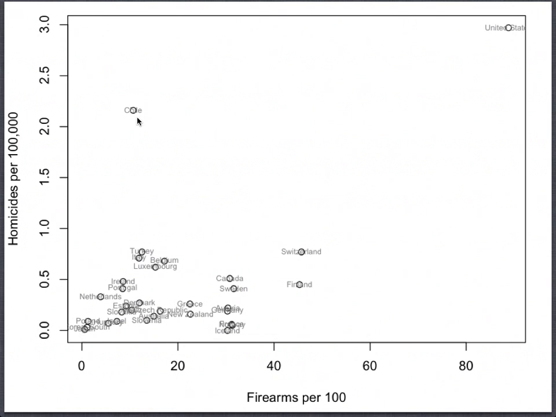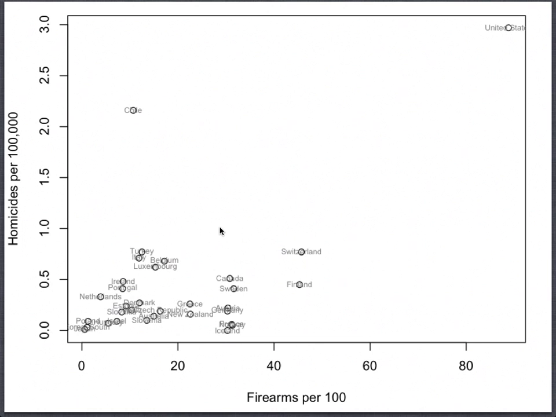Here? That's Chile. That's Switzerland. That's Finland. Switzerland has a lot of guns because they have a militia. They don't have an army. But they have half the number of guns, but only a quarter of the number of homicides.